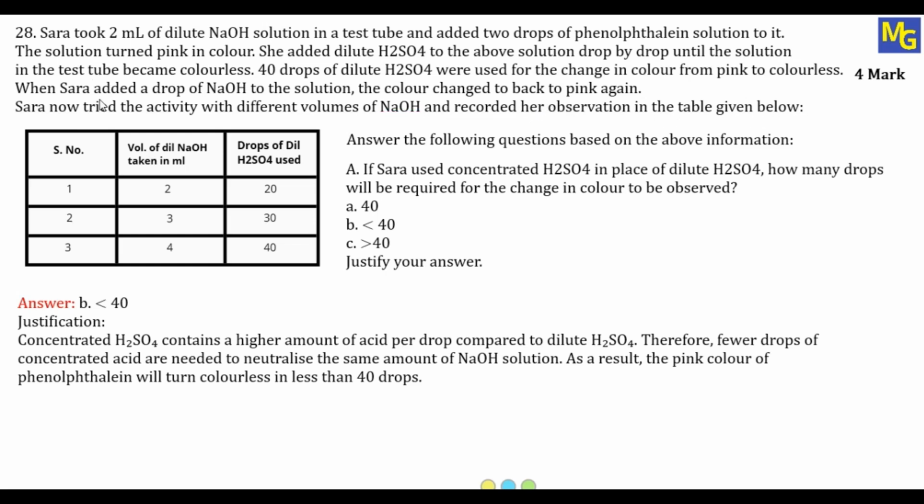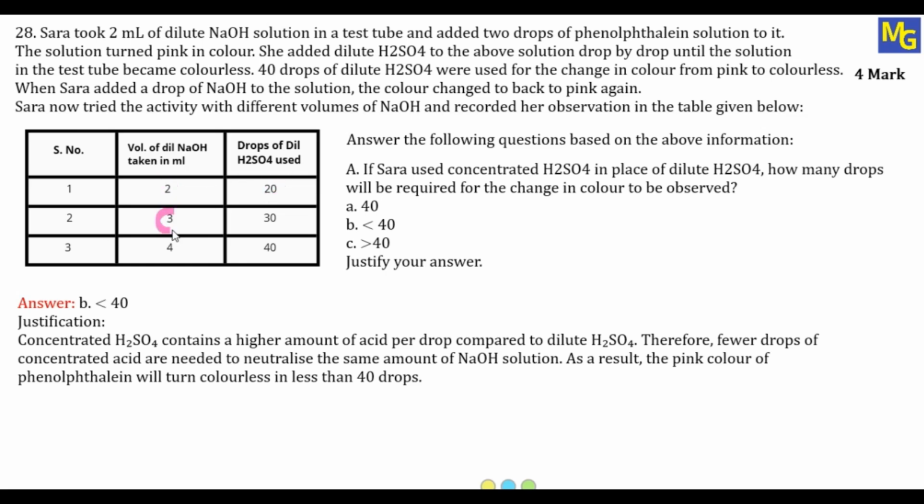Now she did the same activity by using different volumes of NaOH. In the statement she has used 2 ml, but by changing this volume of NaOH she did the same activity. And whatever reading she got, she has recorded into this table. So you can see, first she took 2 ml and drops of H2SO4 required 20.